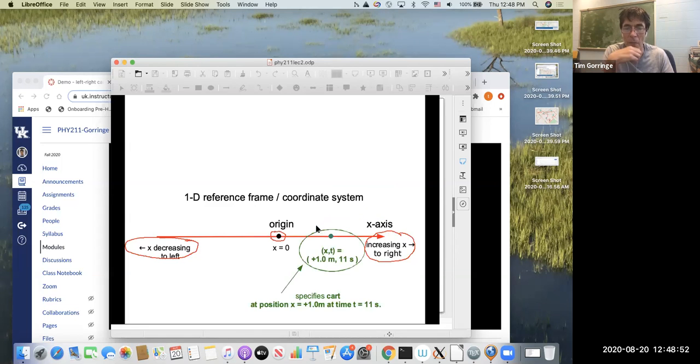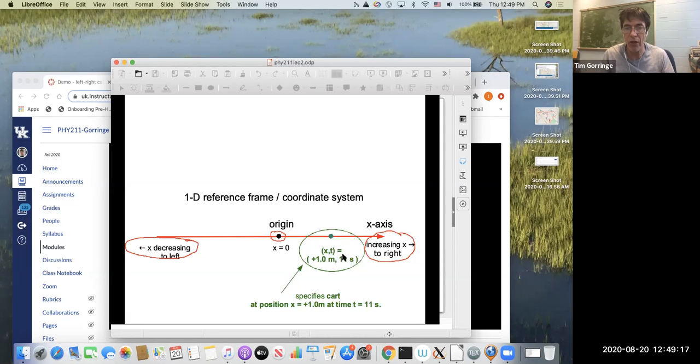And that point is, I just picked a point. It was actually the most rightmost location of that cart as it traveled left to right and then back to the left again. And the cart got to that 1 meter location from the origin after traveling for 11 seconds.